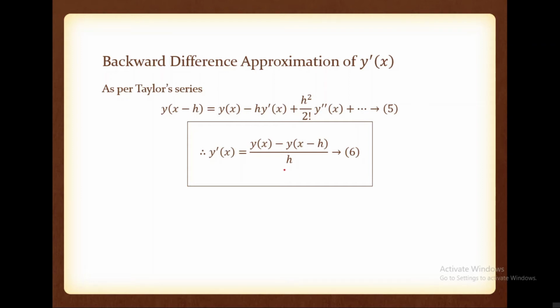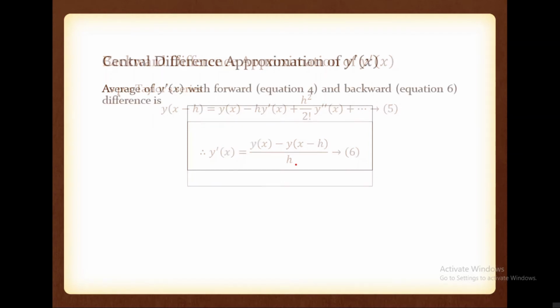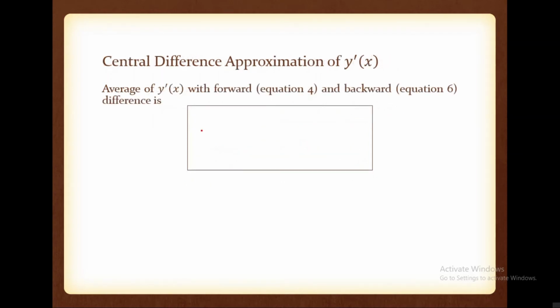The average will give y dash of x is equal to y of x plus h minus y of x minus h divided by 2h. So this is equation number 7.